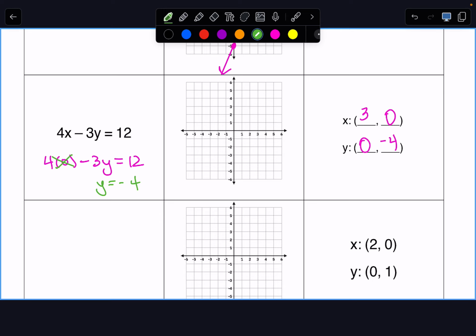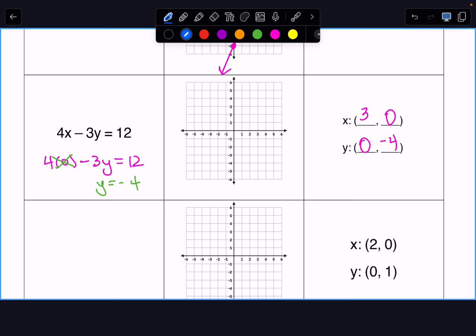Okay, hold on, Joey. A lot of us knew it needed to be -4, but didn't really know why. It's -4 because when x is 0, 4 times 0 is 0, and we have -3y equals 12. But in this one, y is 0, right?